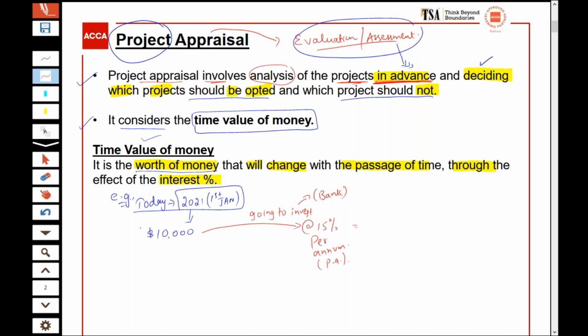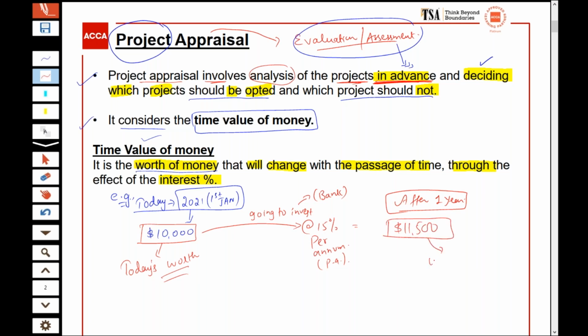This is something which I have got at today's worth. And after 1 year, the 10,000 will be 10,000 plus 15%, that will be $11,500.